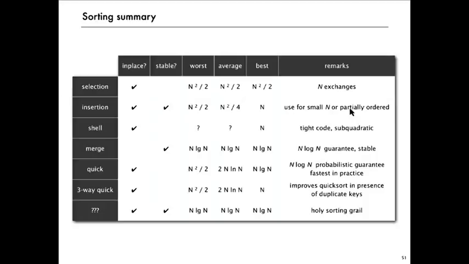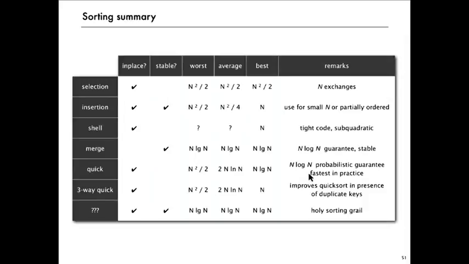Shell sort, we don't know its running time. It's not stable, but it's a fast method for intermediate size files and not much code. Merge sort: n log n guarantee and stable, but not in place. Need that auxiliary array. Quicksort: not stable. Quadratic time worst case, but that's unlikely to occur if you do the random shuffling.